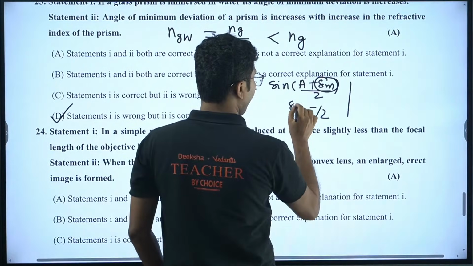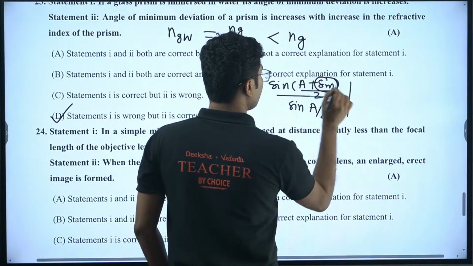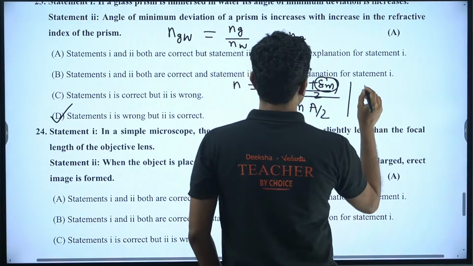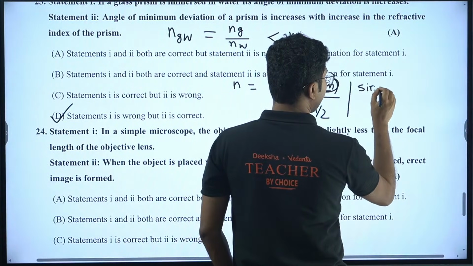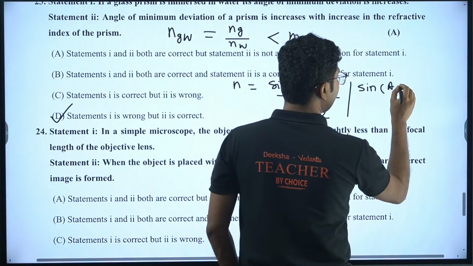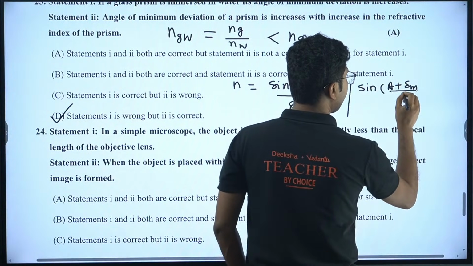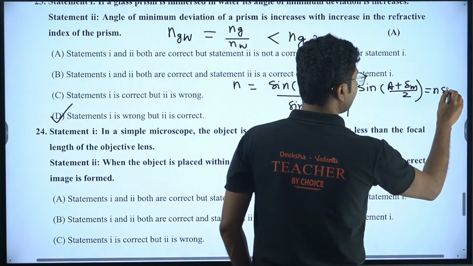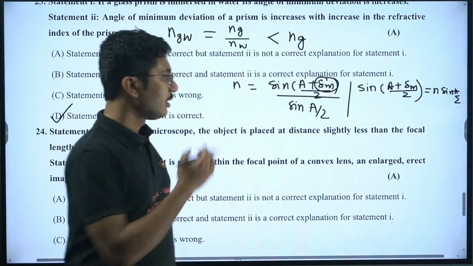Sine A by 2. So what we can do, this entire part we can take here, sine of (A plus delta m) by 2 equals n into sine A by 2, right?